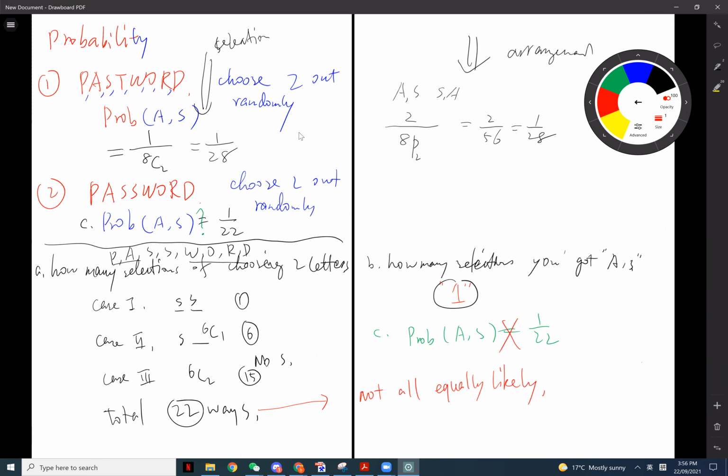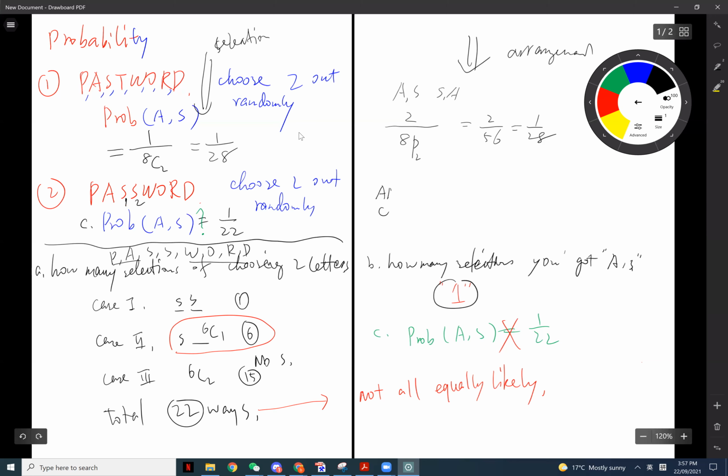Not all equally likely. This one, the chance larger. This one got larger probability because there are 2S you can choose. That's why in this question, we need to pretend these 2S different.